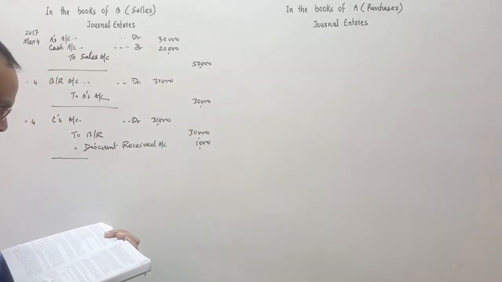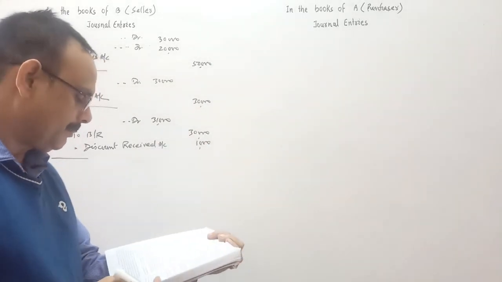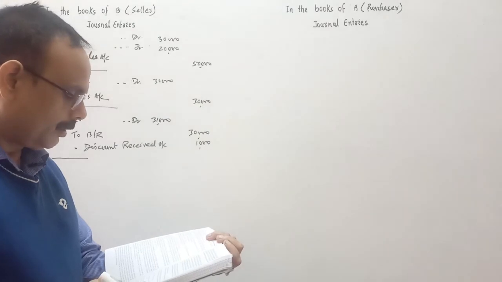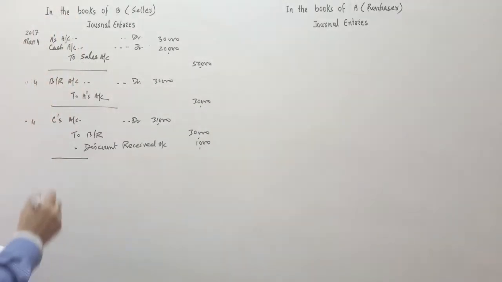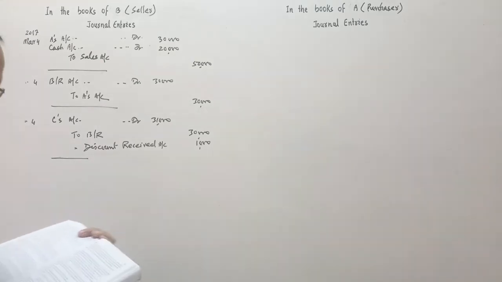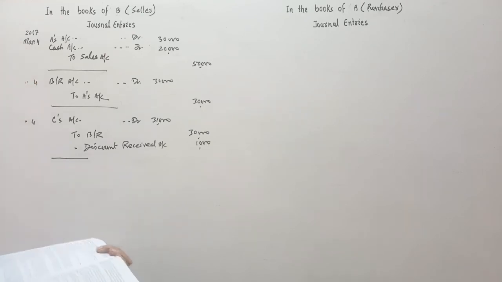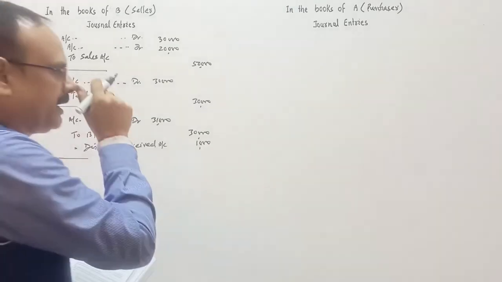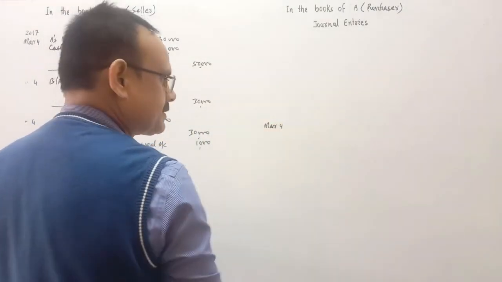On the due date, the bill was dishonored, and C informed B about the dishonor. The due date comes on which date? The bill is of 30 days and it is March 4, the acceptance date.